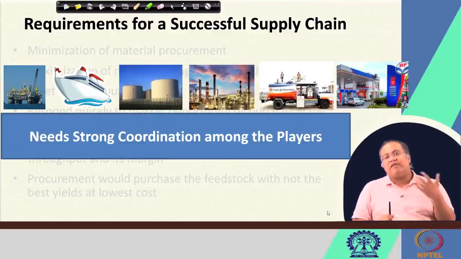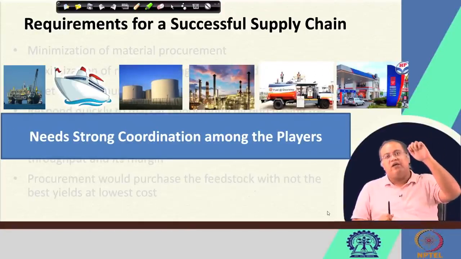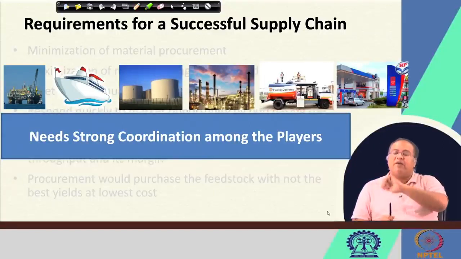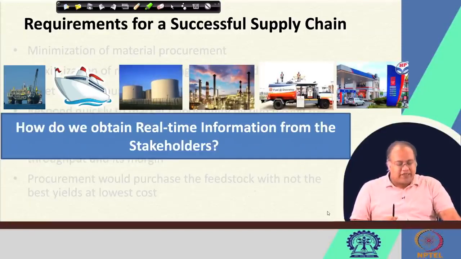So this is the decentralized architecture that we are talking about: I do not have a central body or central coordinator coordinating all these different players in the supply chain. Rather, everyone is taking their own decision independently, each organization has its own policy of maximizing profit and doing business, and they are in a common marketplace. Now, with this kind of decentralized architecture, the question comes: how do we obtain the real time information from the stakeholders?